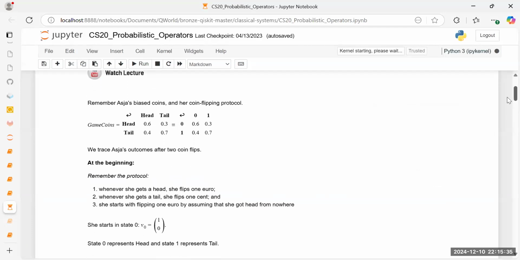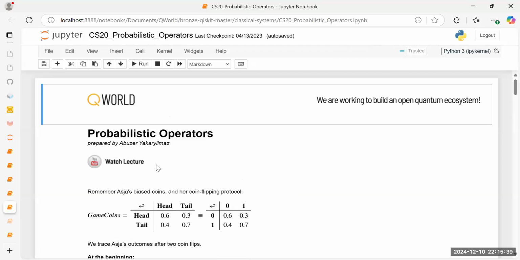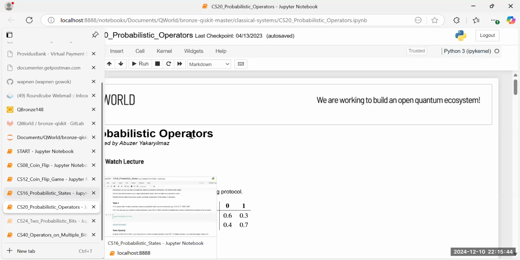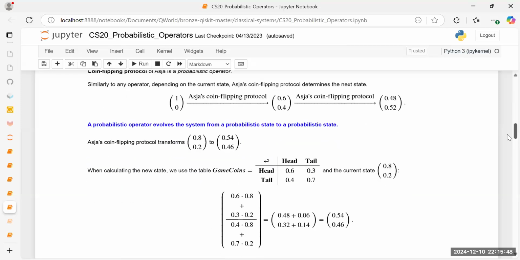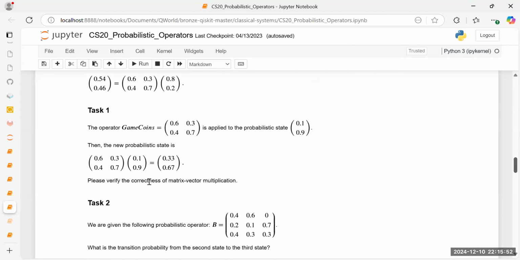Okay, then we went on to look at probabilistic operators. So because we have probabilistic states as vectors, we now have probabilistic operators in the form of matrices. And by performing matrix vector multiplication, we can change the values in our probabilistic states.